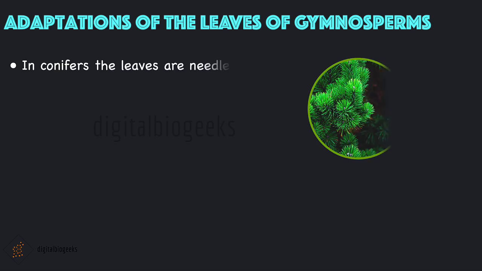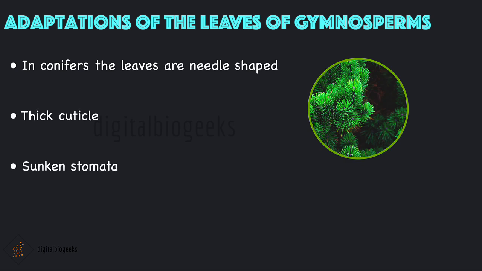For example, in conifers, the leaves are needle-shaped to minimize water loss as they reduce the surface area. The thick cuticle and sunken stomata also are adaptations to reduce water loss. Sunken stomata are found beneath the epidermis of the leaves, as you know.